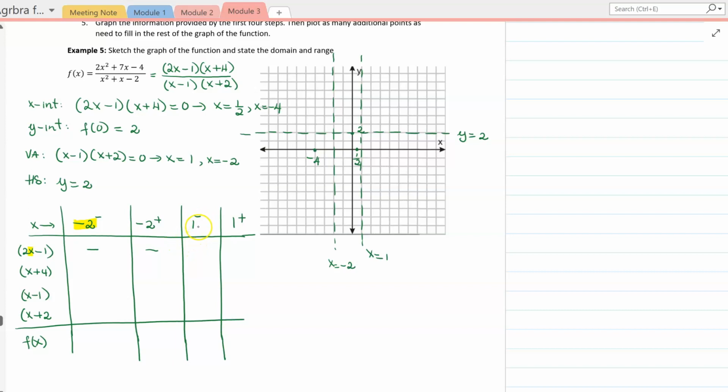As x approaches 1 from the left, this 1 is positive. You multiply it by 2, it's still bigger than 1. So this is positive, and this is positive.